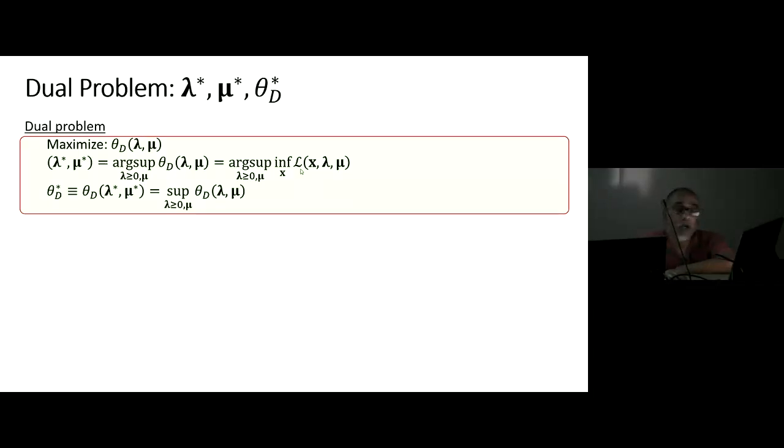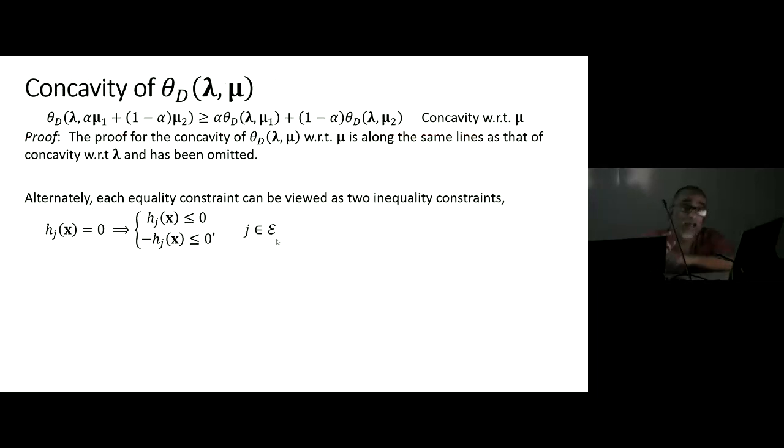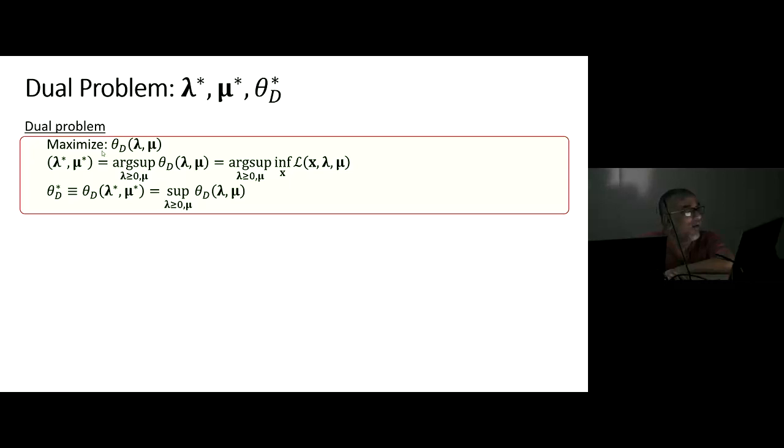So the dual problem. We saw the dual function, and an important property of the dual function, theta_d, is that it's always concave, regardless of whether the original objective function f(x) is convex or not. The dual is always concave. That's an important observation. Now, what's the dual problem?